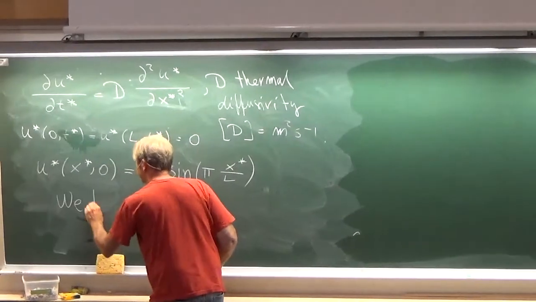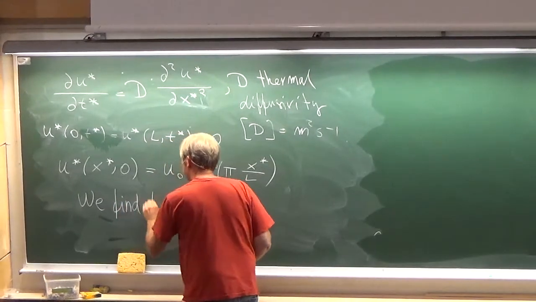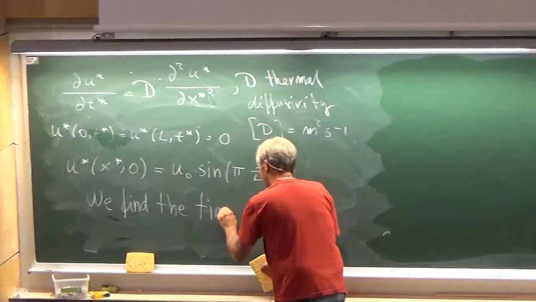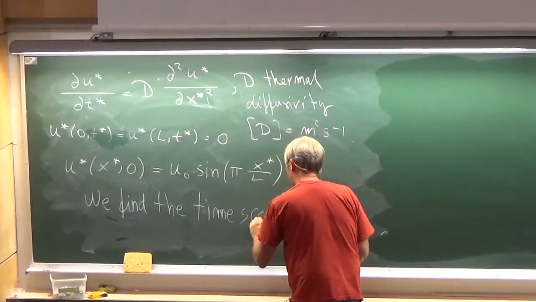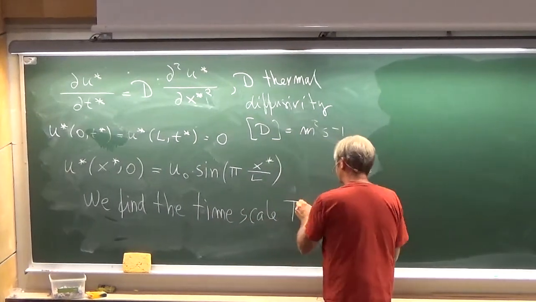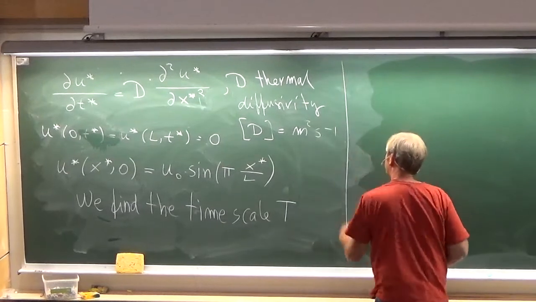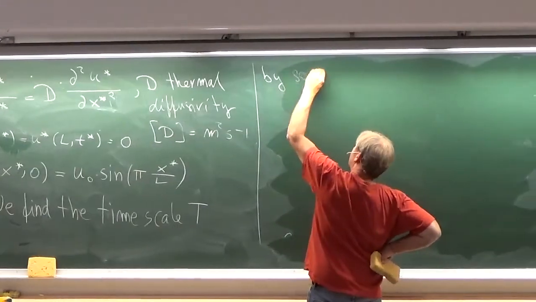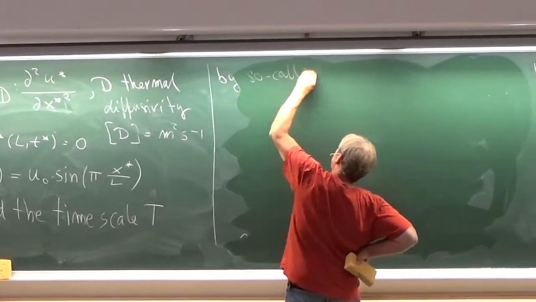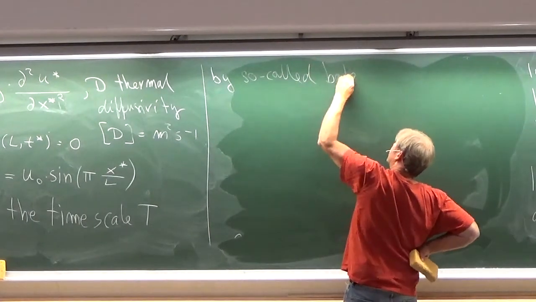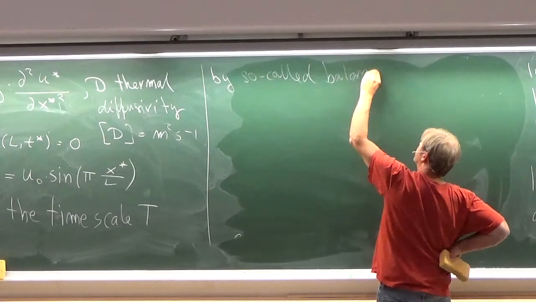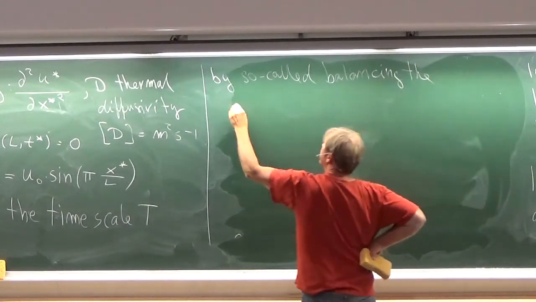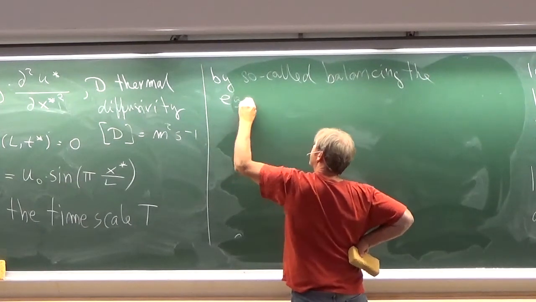We find the time scale, let's call it large T, by so-called balancing the equation.